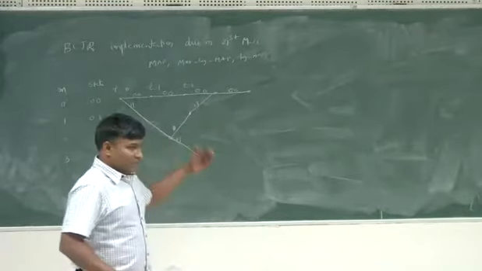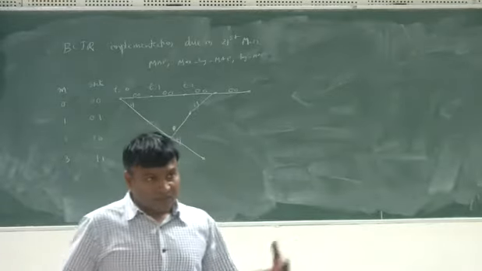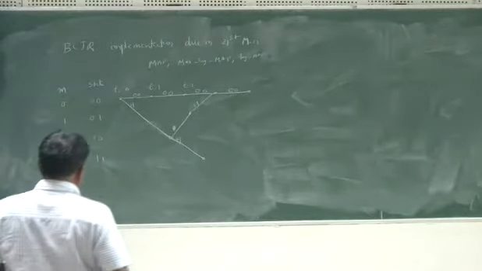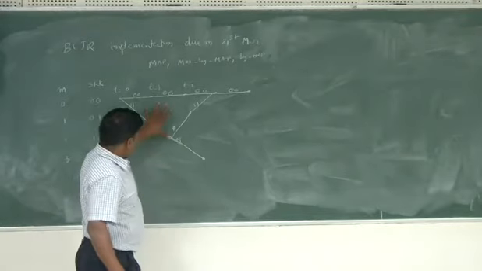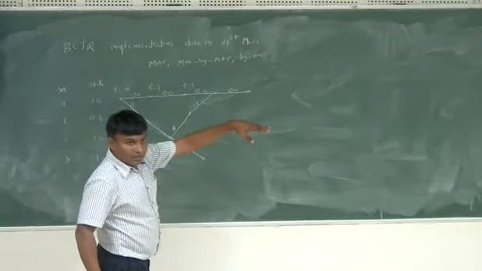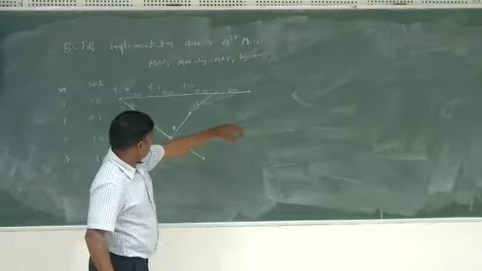You can draw the trellis, given the inputs, you can figure out the outputs and everything. Once we complete this algorithm, come back and look at this diagram.